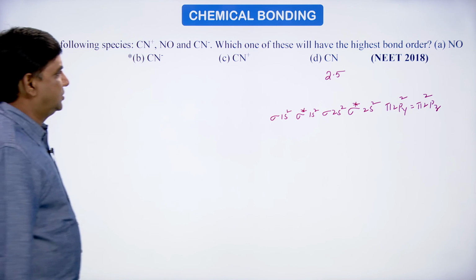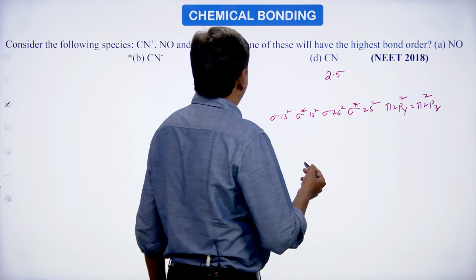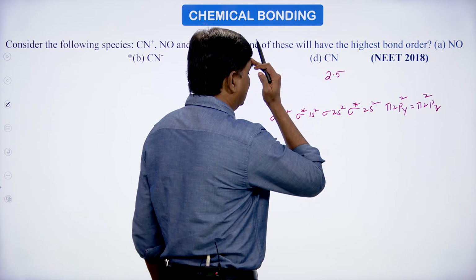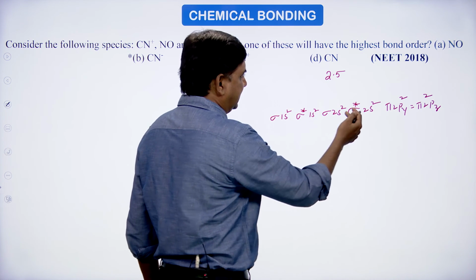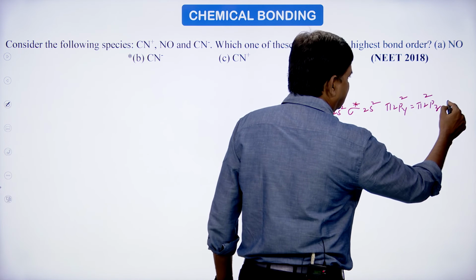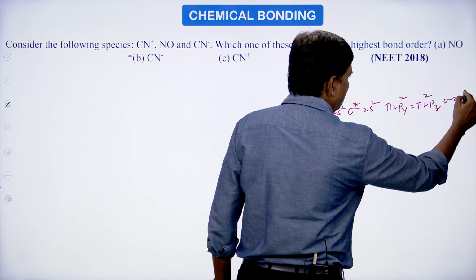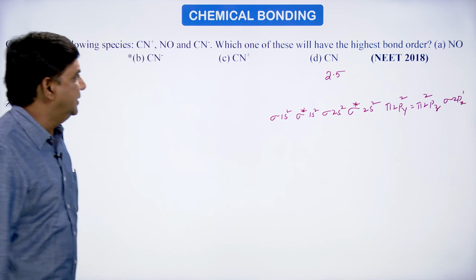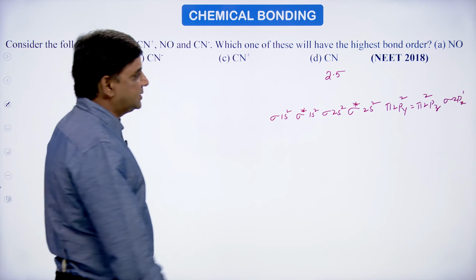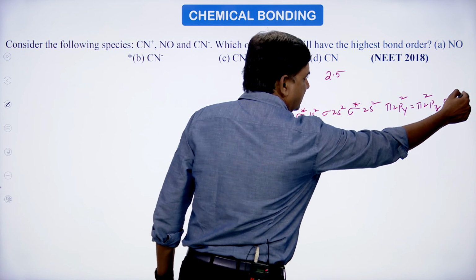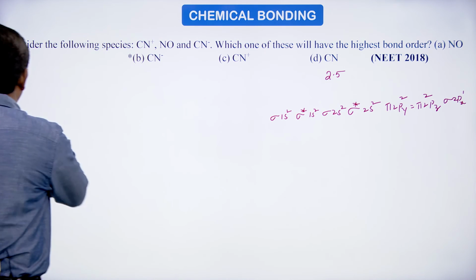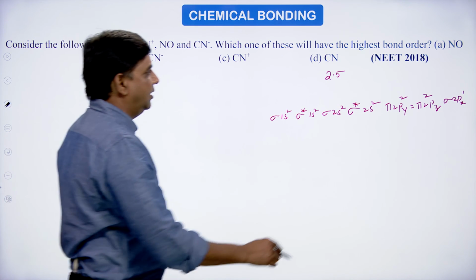CN is 6 plus 7, 13 electrons, and this is sigma 2px equal to 1. CN plus means this electron will not be there.